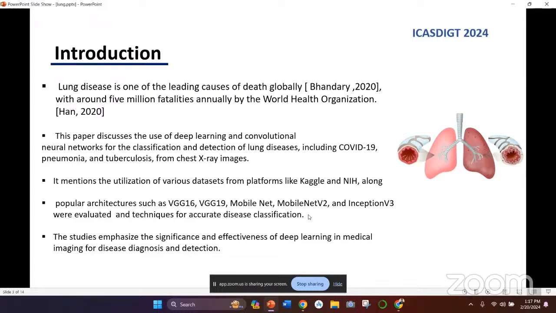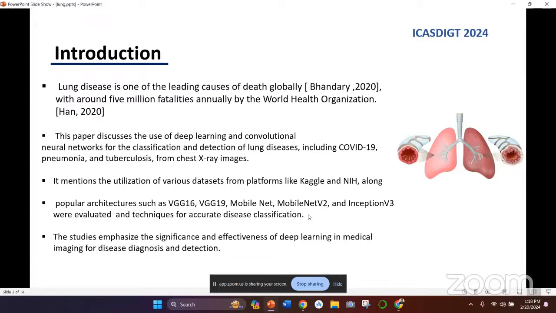This paper discusses the use of deep learning and convolutional neural networks for classification and detection of lung disease, including COVID-19 and pneumonia, from chest X-ray images. We utilize various datasets from platforms like Kaggle and NIH. Popular architectures using VGG16, VGG19, MobileNetV2, and Inception were evaluated as techniques for accurate disease classification.